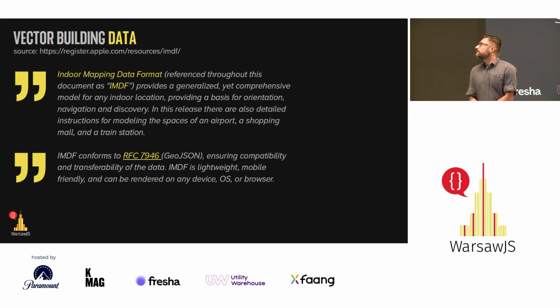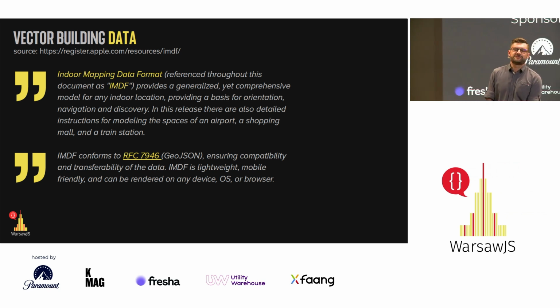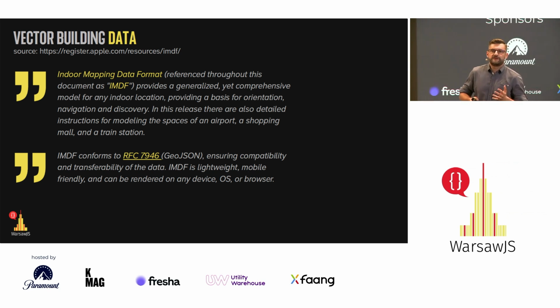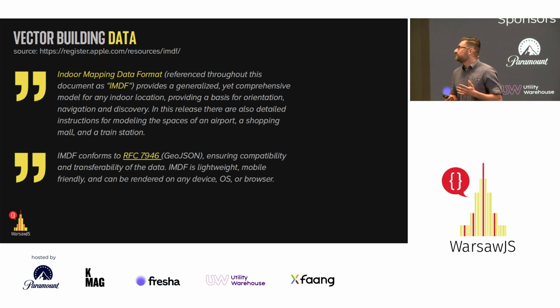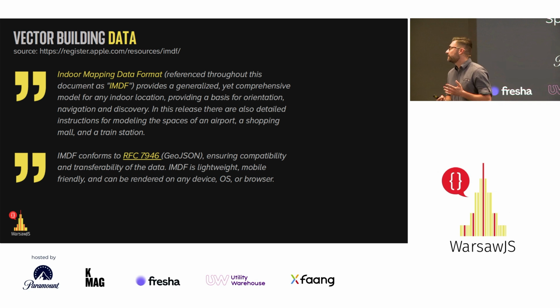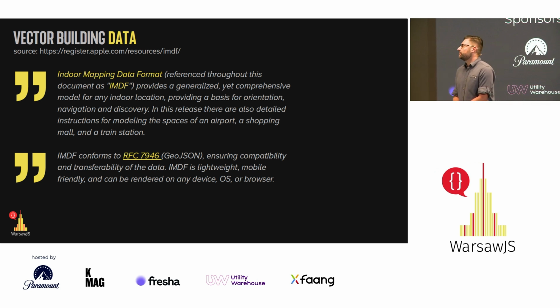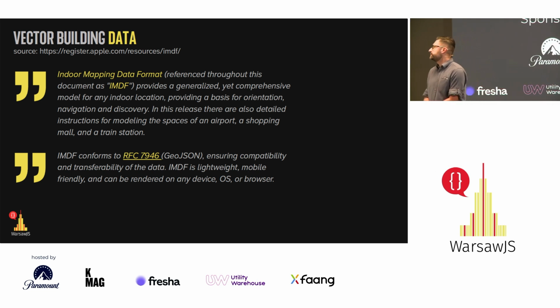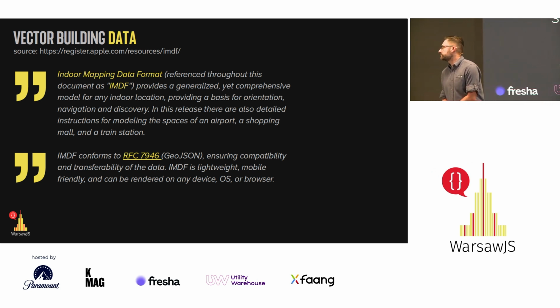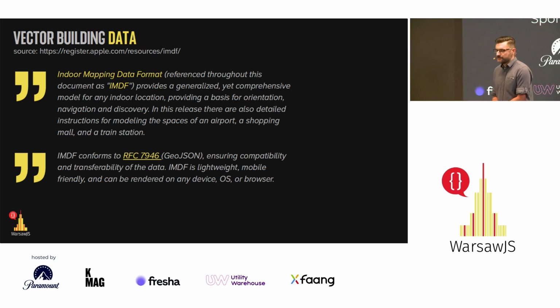Before I show the prototype, there's one important thing to mention. I'm going to render a 3D building indoors, so I need input data in vector format. First, the IMDF format. It's designed by Apple, and it is compatible with GeoJSON, described in RFC.